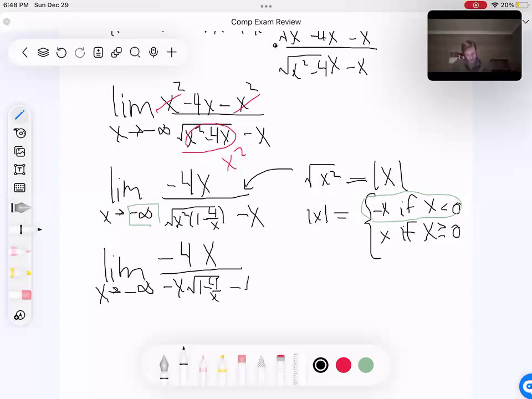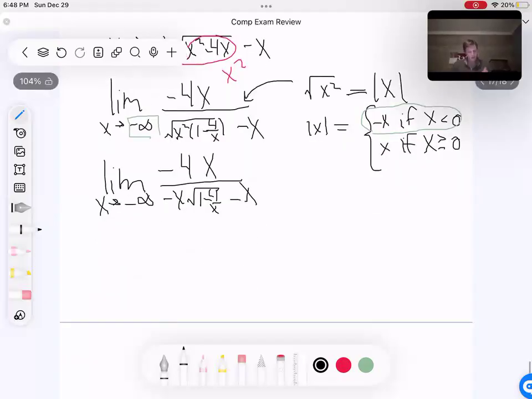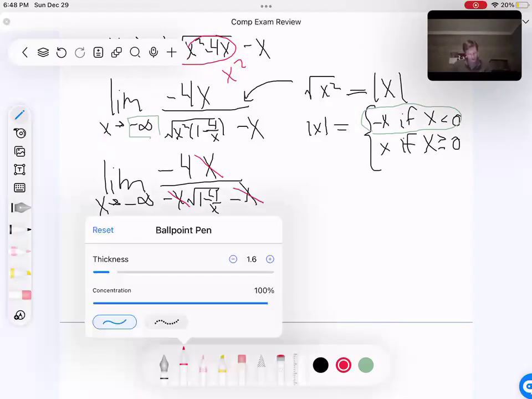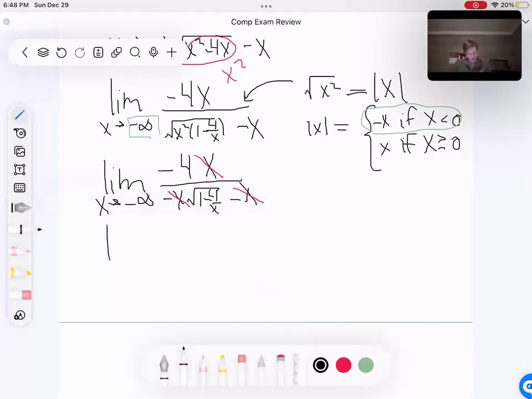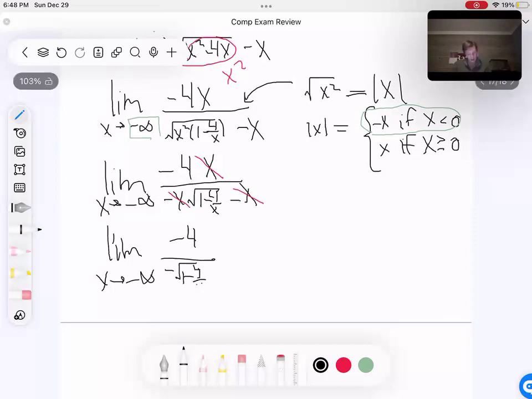So minus x. And now we have an x in every term, and therefore we can cancel it out. So basically what's going to happen is these are going to cancel, and we're going to be left with the limit as x approaches negative infinity of -4 over negative square root of 1 minus 4 over x, minus 1. And what's going to happen?